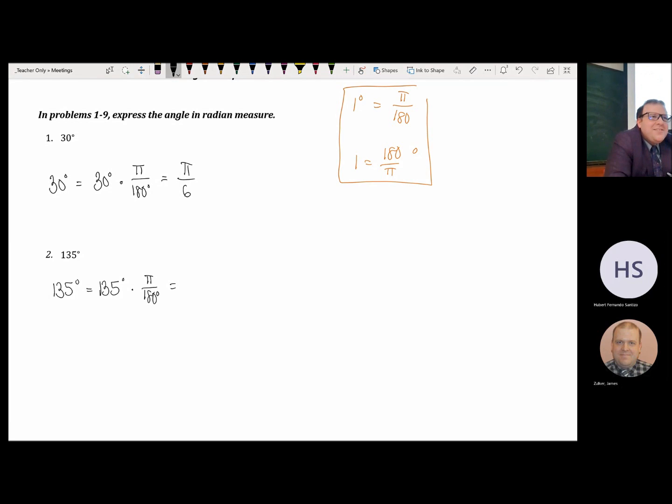What about 135 over 180? Three quarters. We have 3 pi over 4 radians.